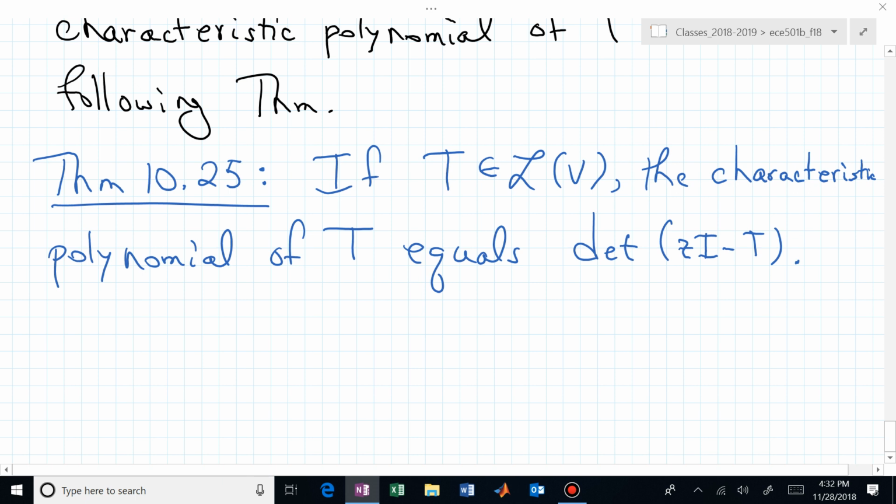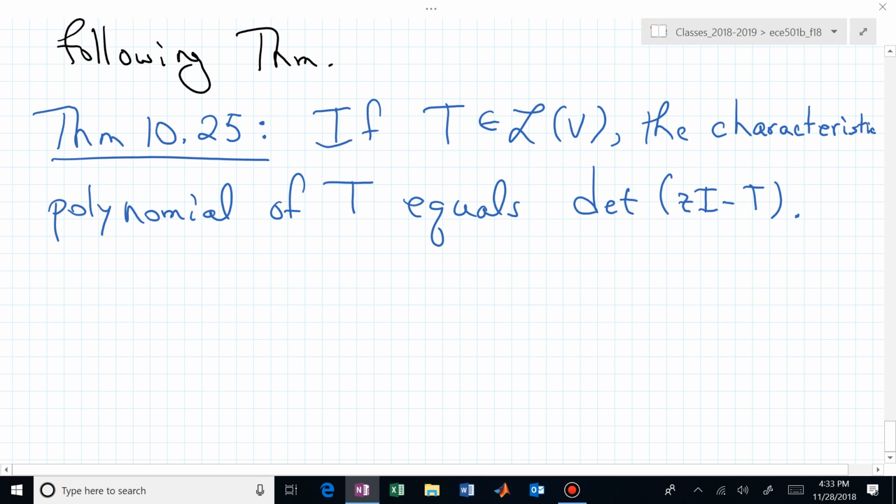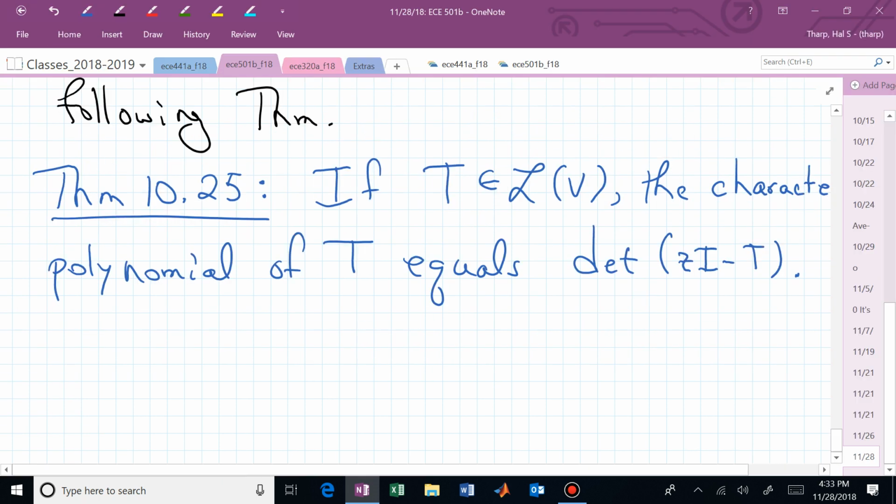Now, with this theorem, we don't need to. We just have to compute the determinant of zI minus T, where z is a variable that's scaling I. Let's see how we can justify that.